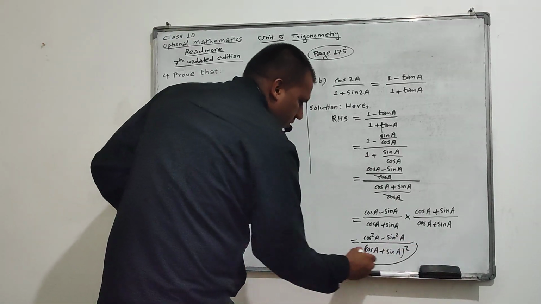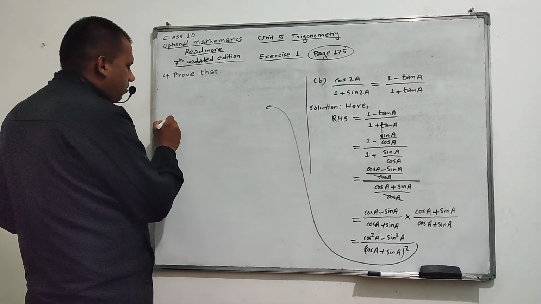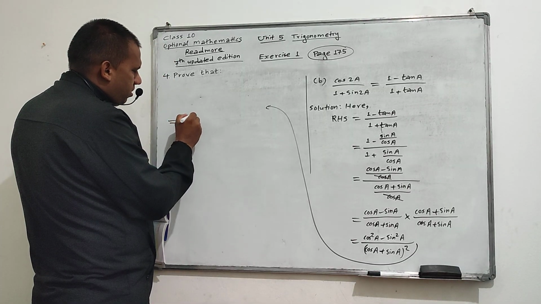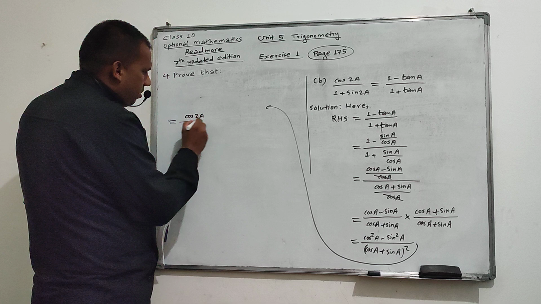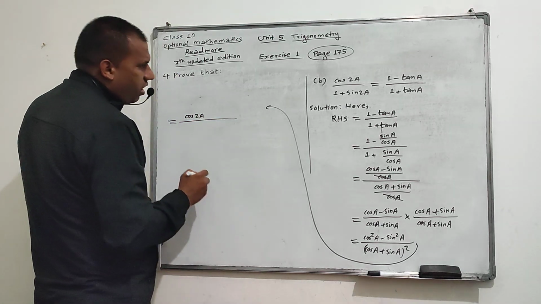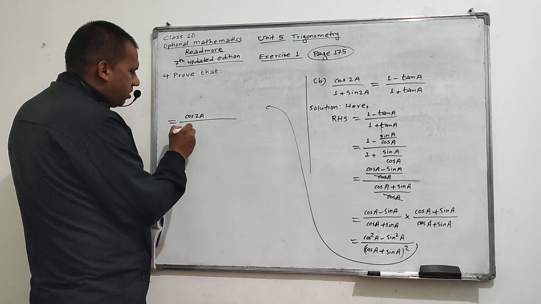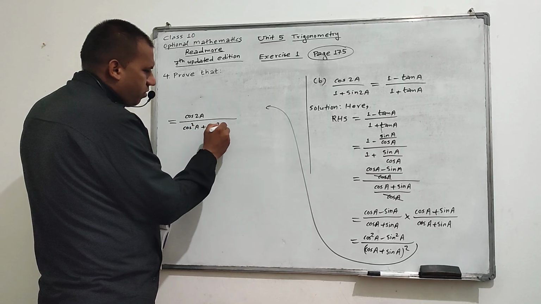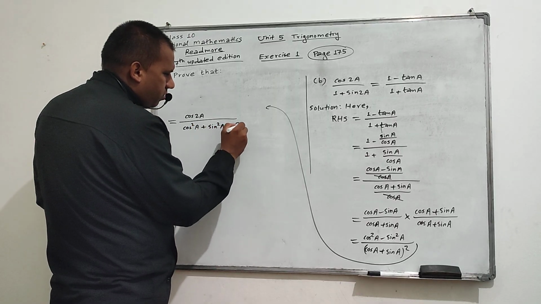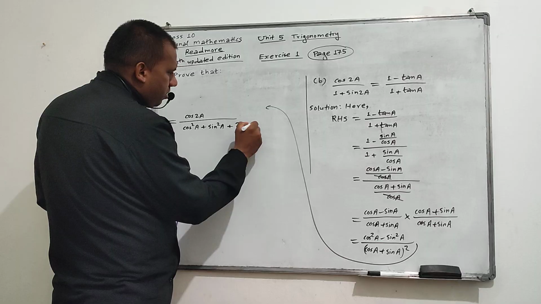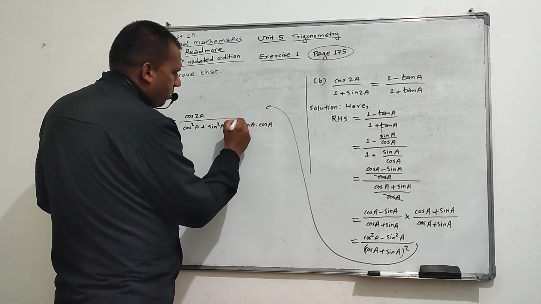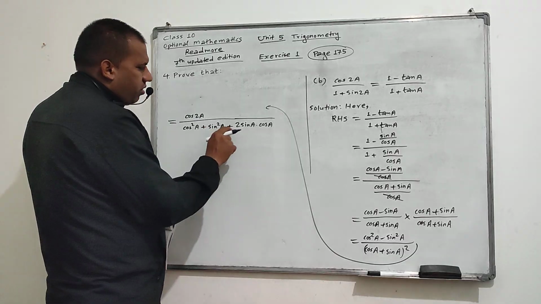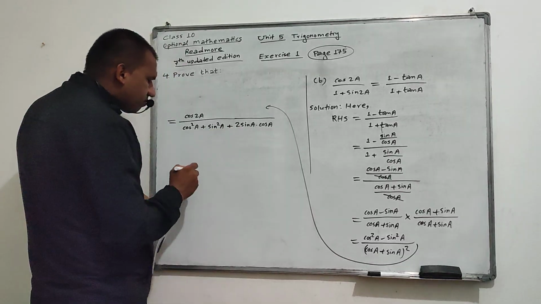Now continue. This equals cos square a minus sin square a, that is cos 2a, whole upon (cos a plus sin a) whole square, that is cos square a plus sin square a plus 2 sin a cos a. (a plus b) whole square is a square plus b square plus 2ab.